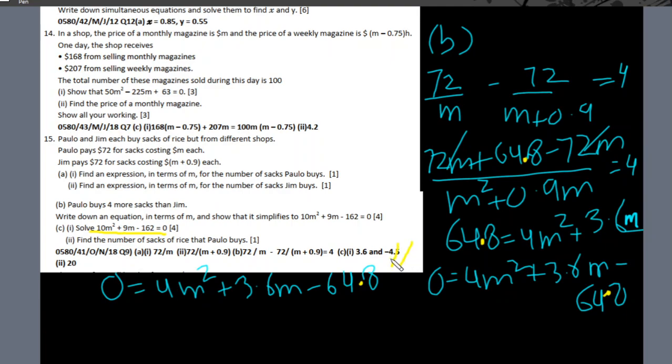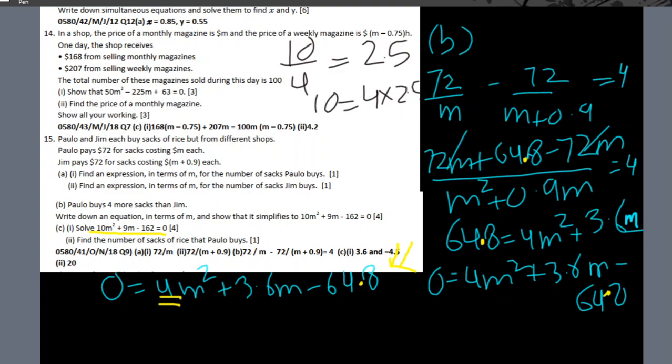Alright, so we needed to show this, but we're getting this. So how do we fix that? How do we change the first number into 10 and not into 4? What do we multiply 4 with to get 10? Let's divide 10 by 4 and see what we get. 10 divided by 4 is 2.5. So when I multiply 4 with 2.5, I will get 10.